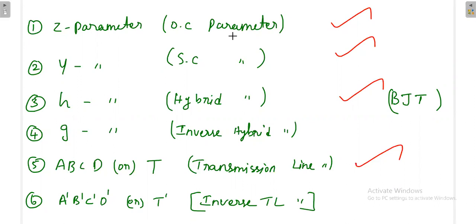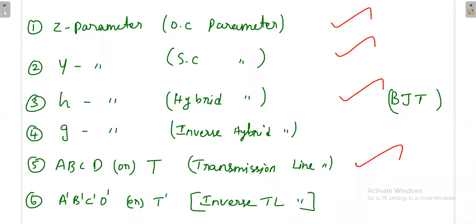We'll see in detail later why we cannot represent the transformer with respect to Z or Y parameters, and how it is represented with only the ABCD parameter. So in general, for a given network, most of the time you can write all the parameters.